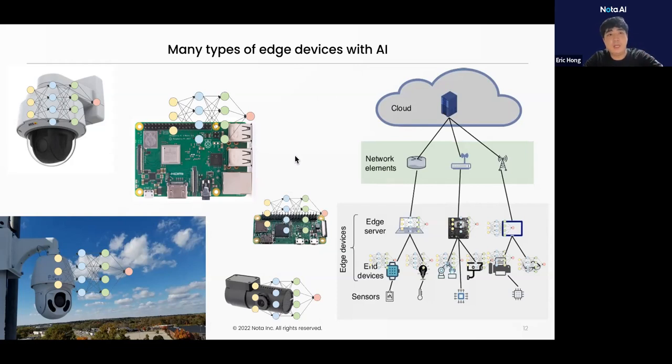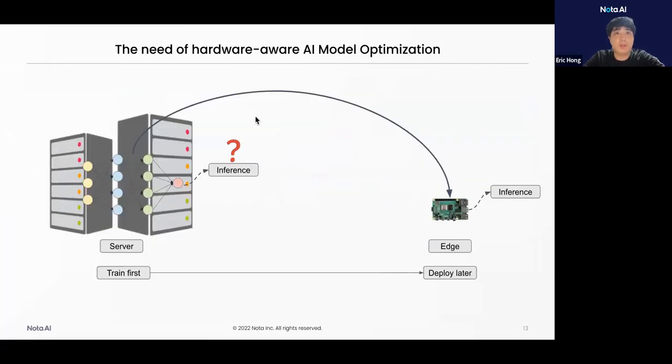The AI models are getting inside the edge devices and working individually, disconnected from servers. The AI model in the edge device works individually. So there's the need for hardware-aware AI model optimization.